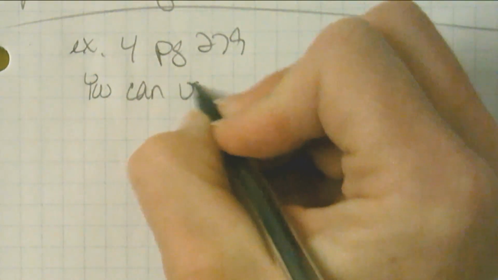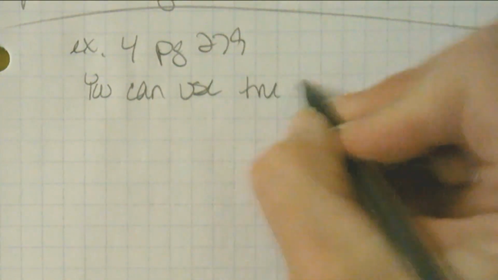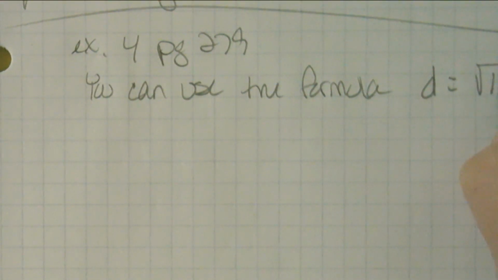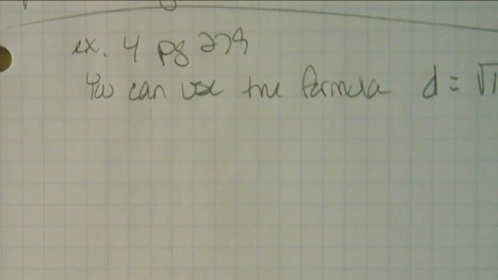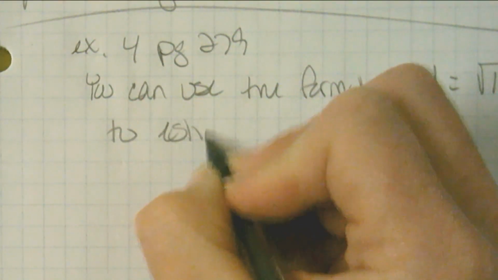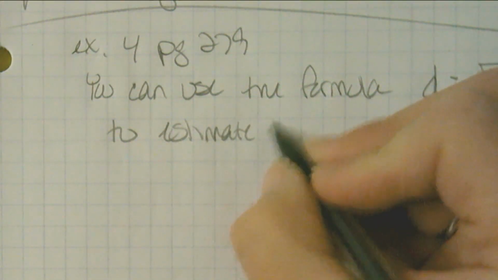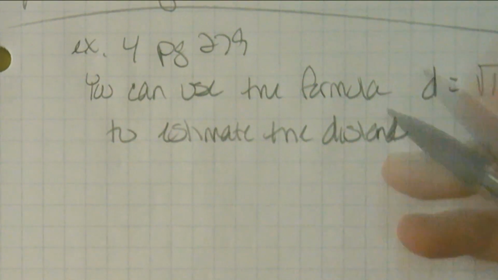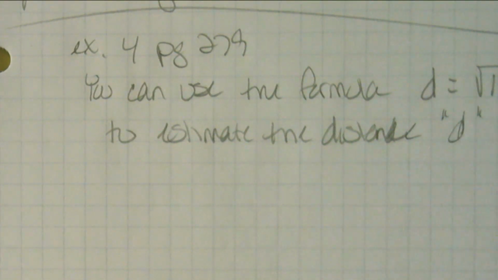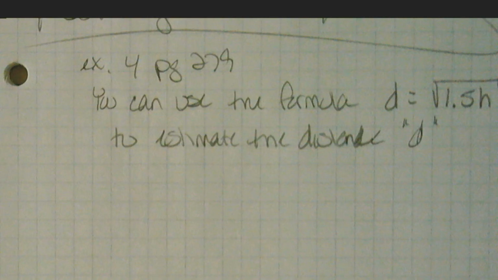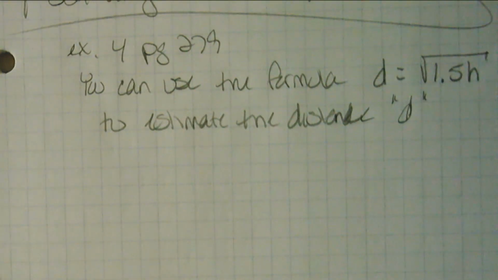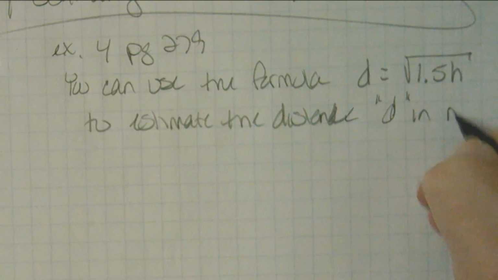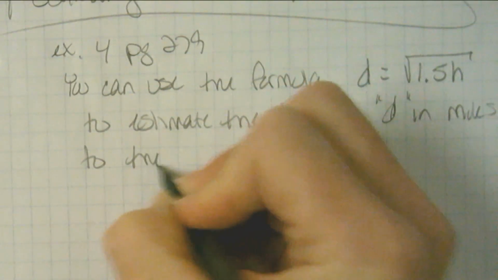You can use the formula D equals the square root of 1.5h to estimate the distance d, so that variable d is distance, in miles to the horizon.